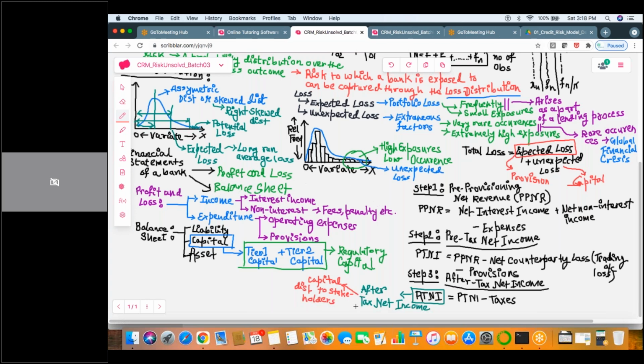The second part is retained earnings, and these retained earnings are adjusted by the bank into the equity.